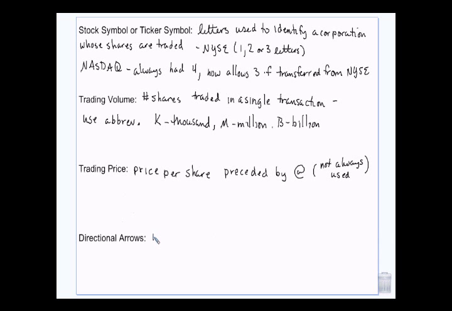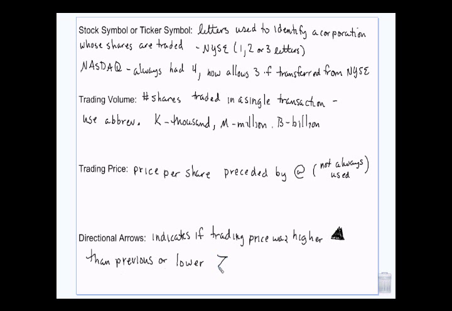And then you have directional arrows. And I can't draw arrows upside down very well.